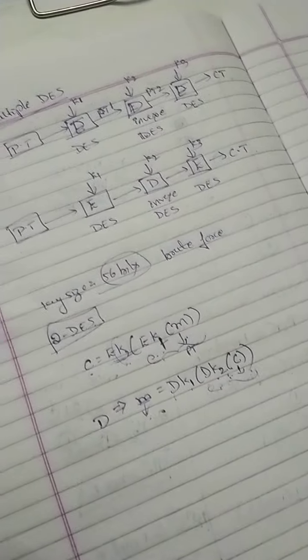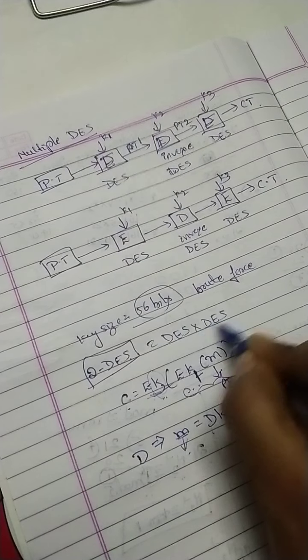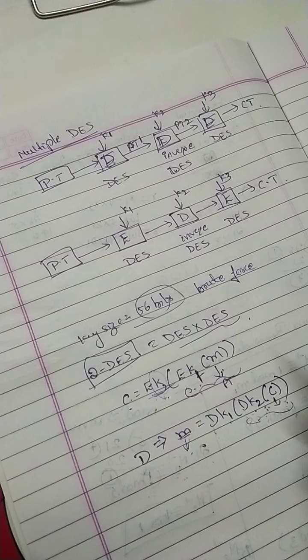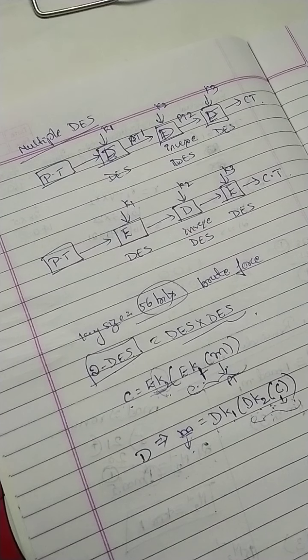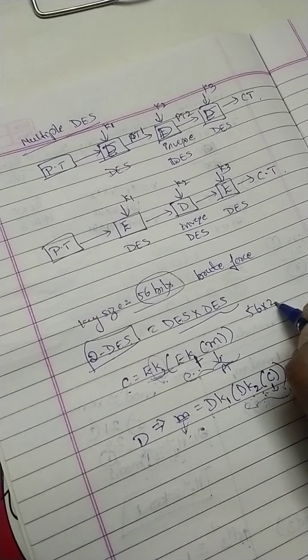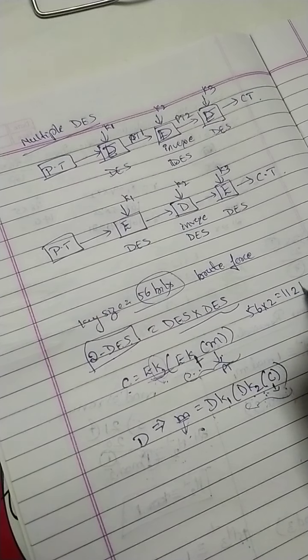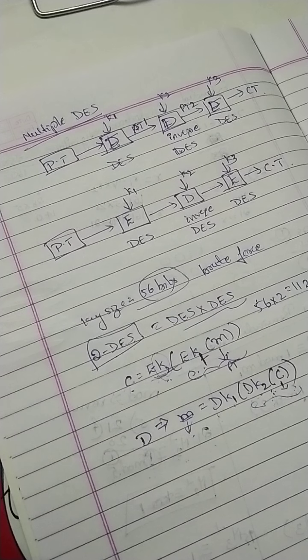2DES is also called the DES into DES algorithm. This is called a product cipher, obtained by the composition of two ciphers. The complexity will be 56 into 2, that is 112 bits of security.